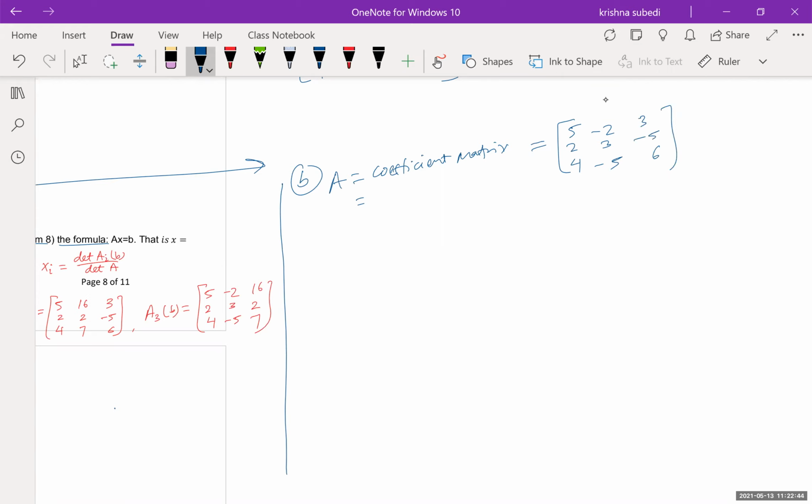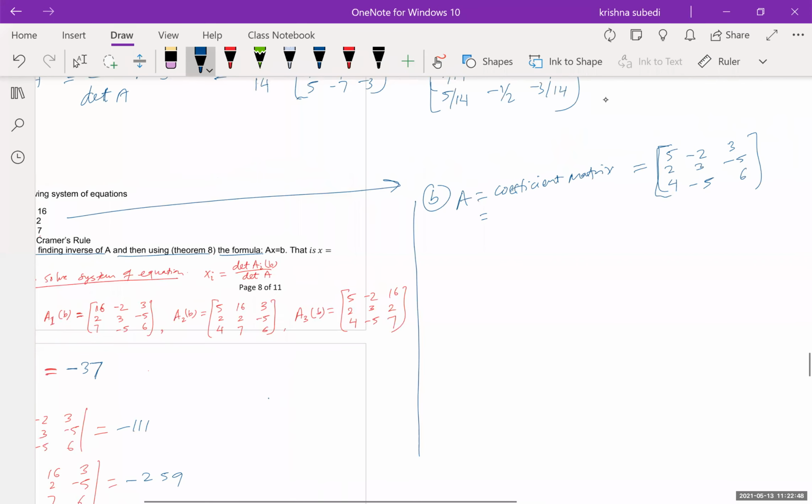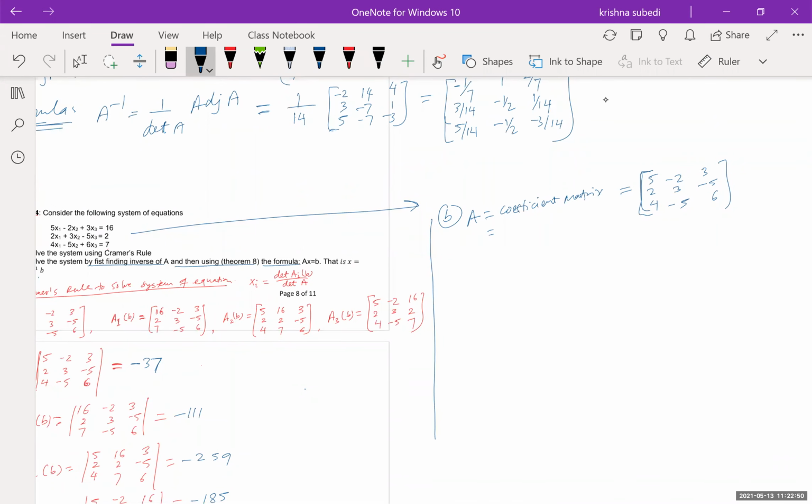This is our coefficient matrix, right? Did I copy the right thing? Yes. Okay.